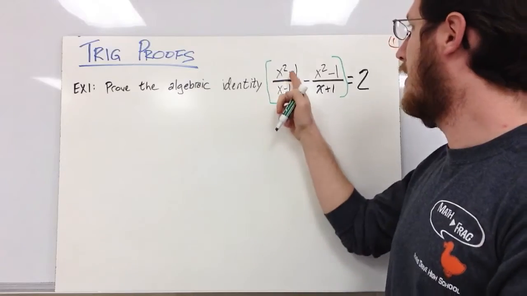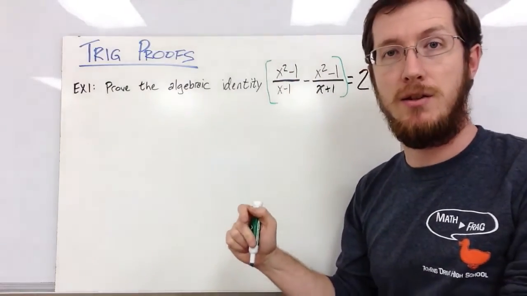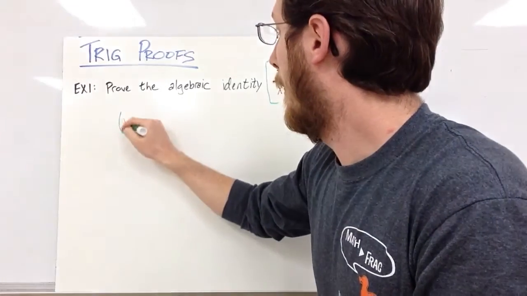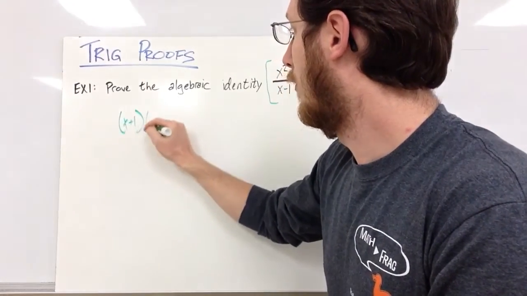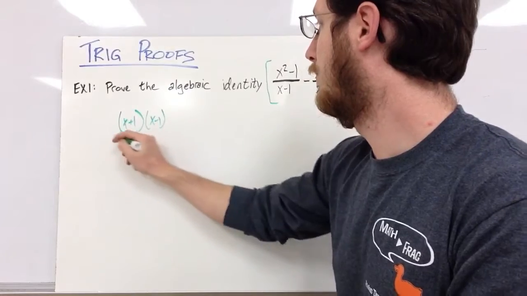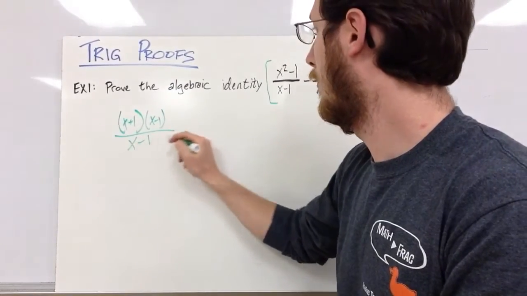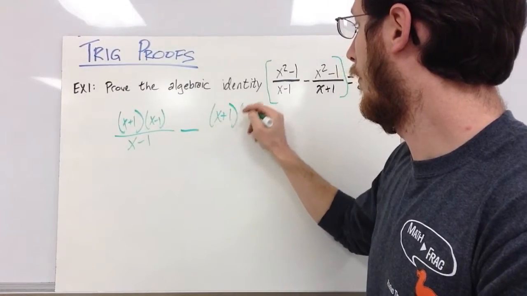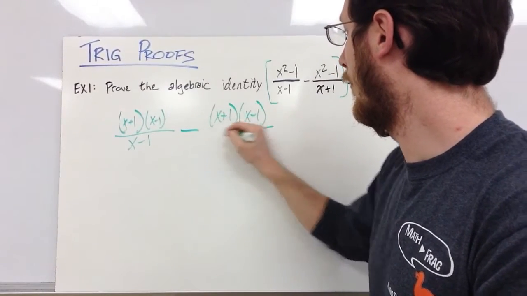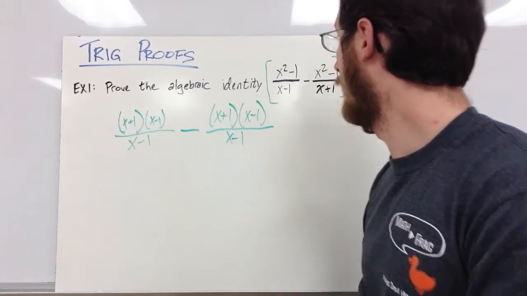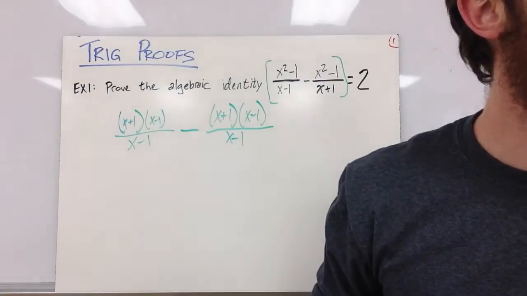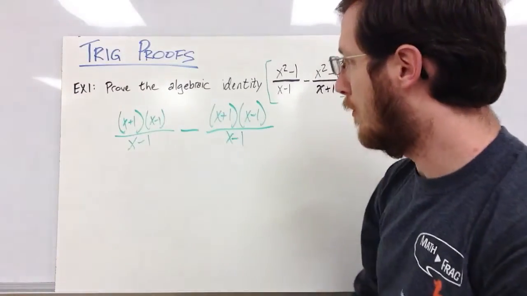So the first thing I see is I've got a couple of difference of squares in the numerator. So I want to go ahead and expand those to x plus 1 times x minus 1. Both of my x squared minus 1s I just expanded to their factor form.